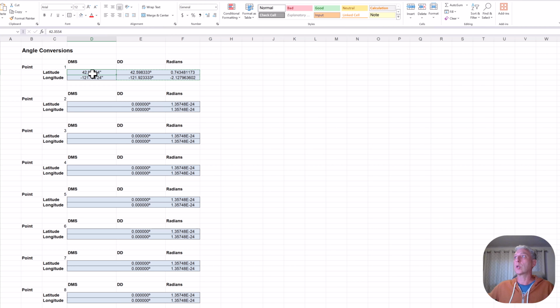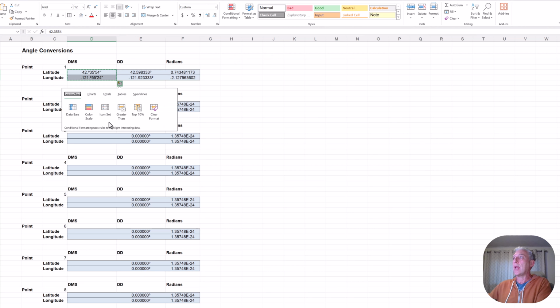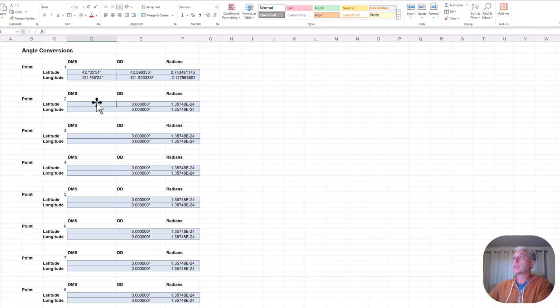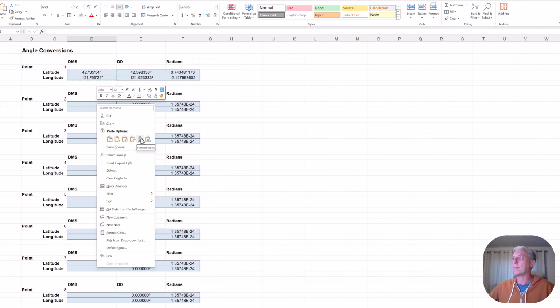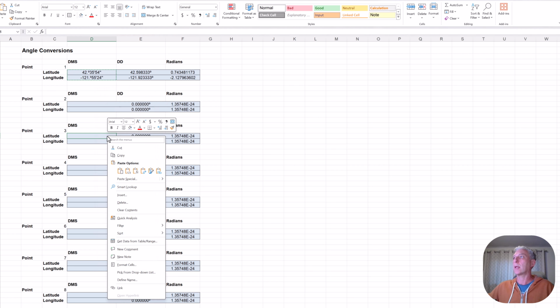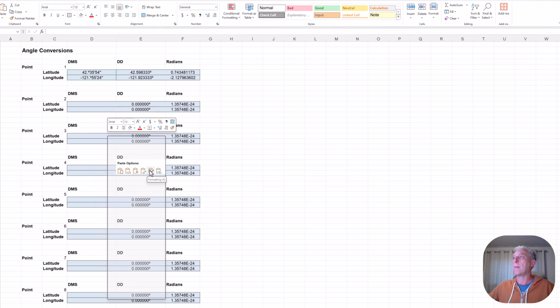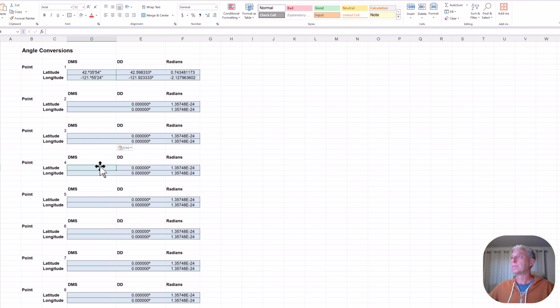So another little tip is, if you copy the cells, then you can paste. If you right click and just go to the little paintbrush here, it'll just paste the formatting. So it'll just paste the degrees, minutes, seconds format, not the number. And I'll just do one more. So now when I type these in, let's see, I'll make this 44.2531, and you see the formatting's there.